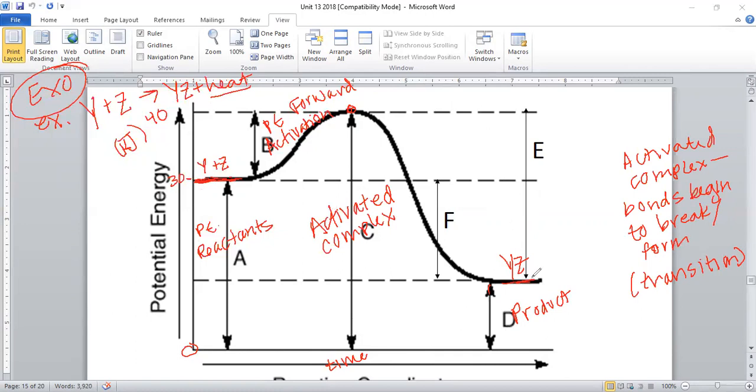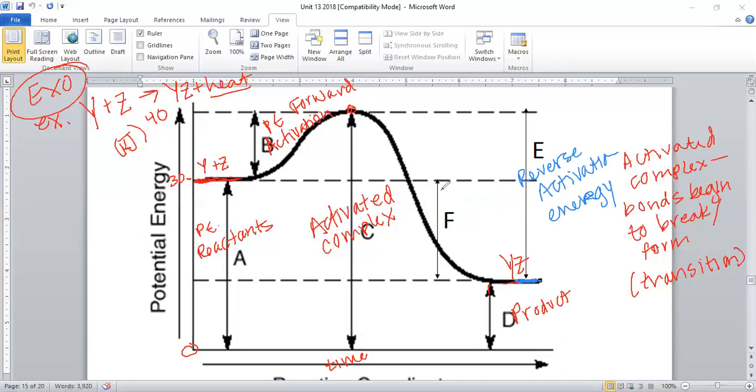Letter E is, if we're starting on the right-hand side, doing the reverse reaction and trying to get to the end, the reverse activation energy. That's the energy to start the reverse reaction.